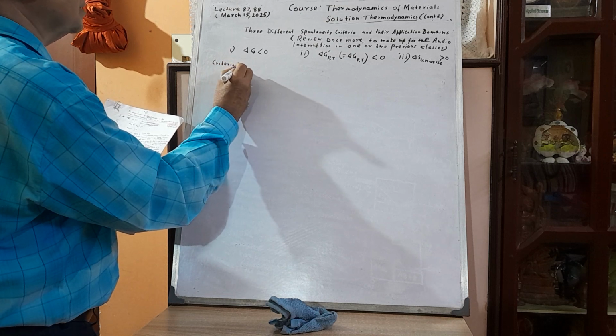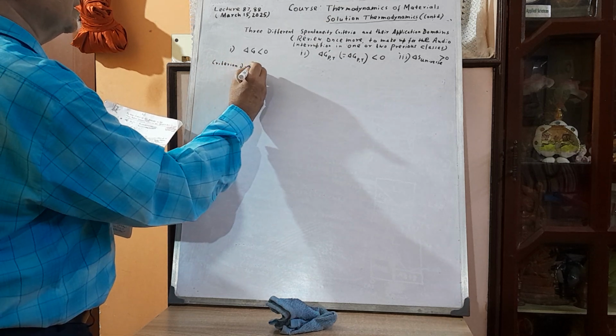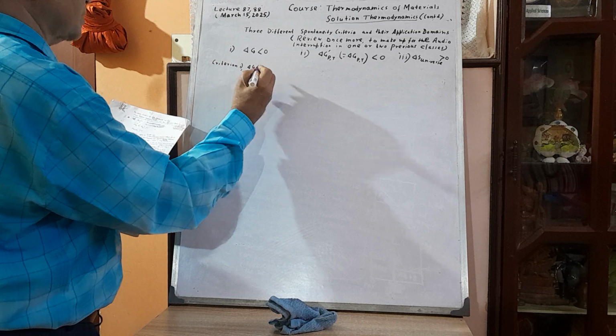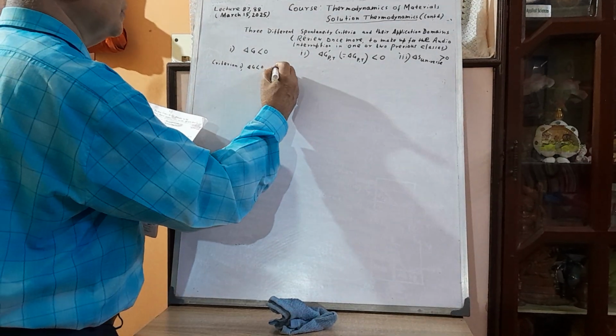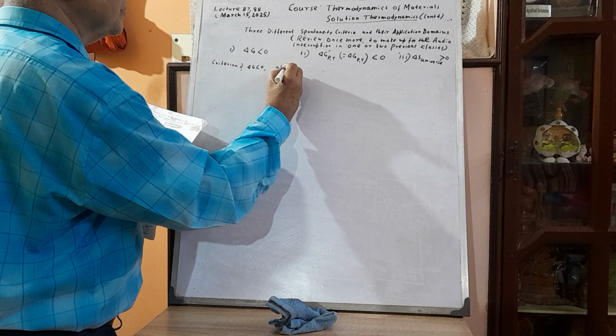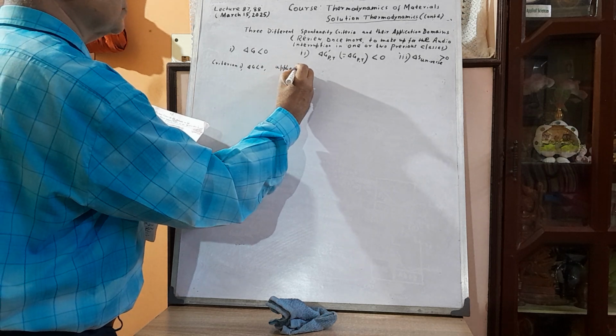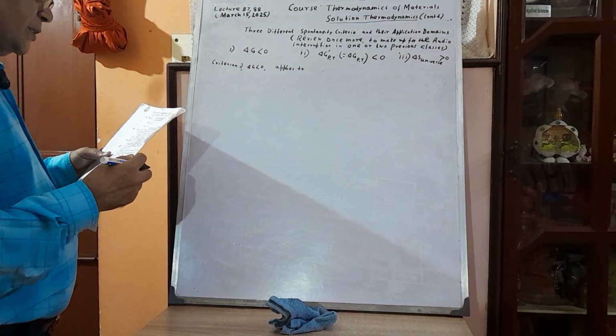I explain this. Criterion 1, which is delta G less than 0. Just revise what you learned before. It will help you. I discussed this, but there were some audio difficulties.